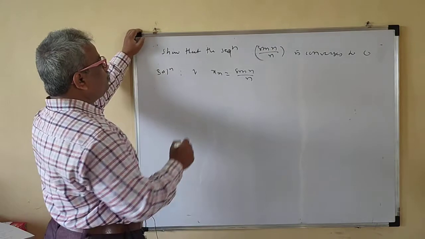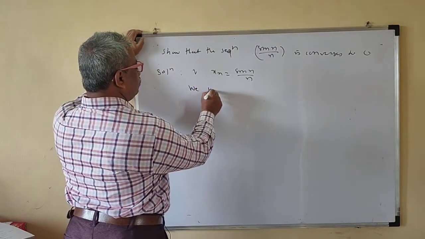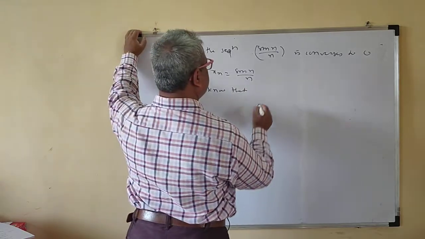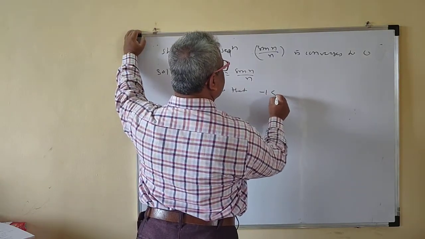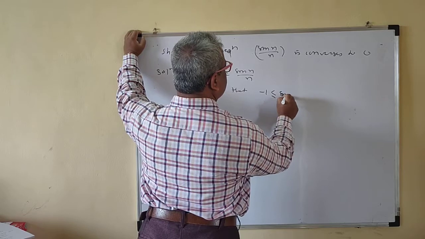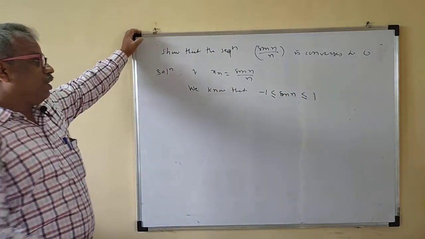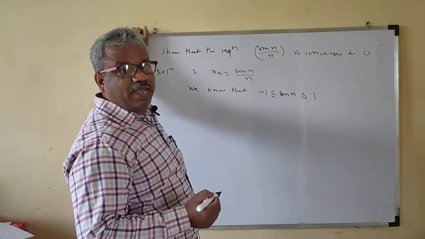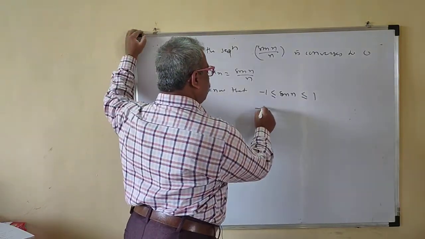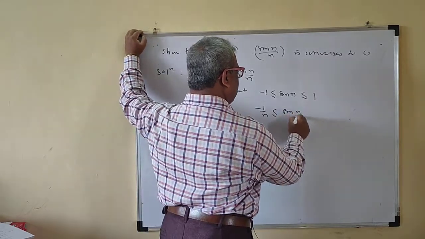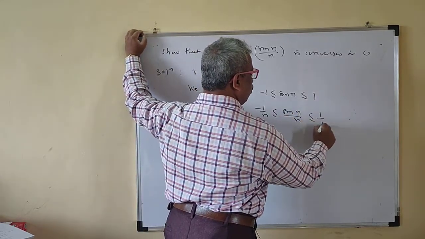Okay, so we know that minus 1 is less than or equal to sin n is less than or equal to 1. This is known to you. We'll divide by n. We can divide by n because n is a natural number. So minus 1 upon n is less than or equal to sin n upon n is less than or equal to 1 upon n.